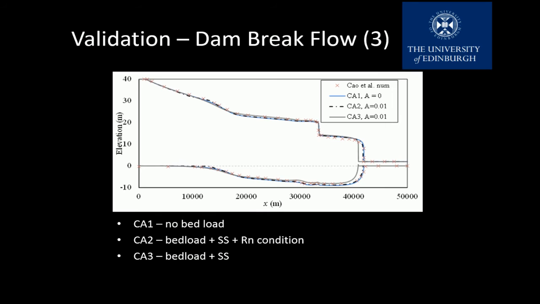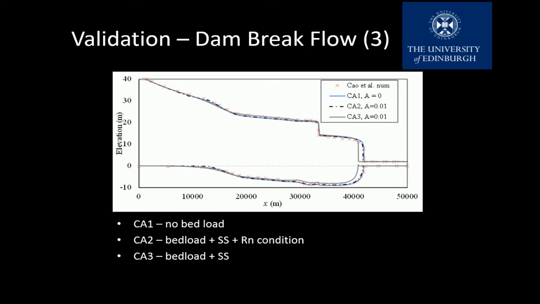The black dotted line is very similar to the blue line, which for me is a case where there's no bedload. The black dotted line is a case where I have allowed for bedload, but I've used a condition called the Rouse number, which determines, depending on the shear stresses, the shear velocity, and the settling velocity of the sediment particles, whether you have suspended sediment or bedload transport. There are some slight differences, but it's pretty much the same because the case is predominantly suspended sediment transport.